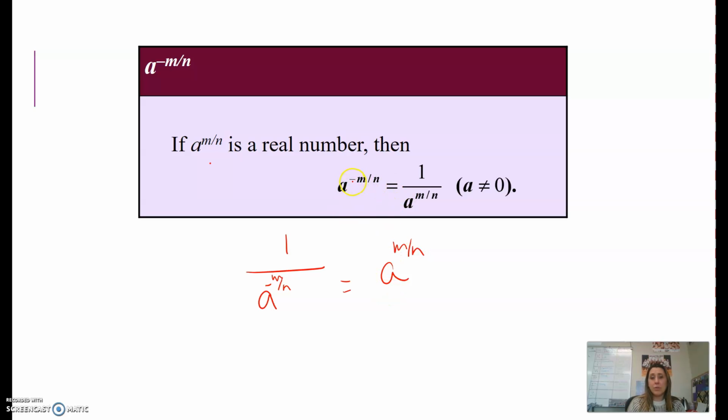So this one shows when it's negative in the numerator, because this is over 1. This is showing what happens when it's in the denominator. You would move it to the numerator. So if it's in the numerator, you move it to the denominator. If it's in the denominator, you move it to the numerator.